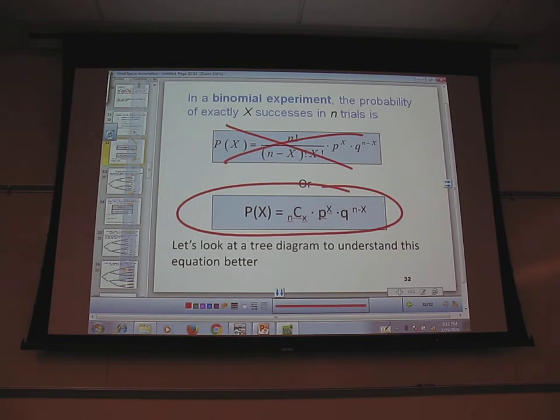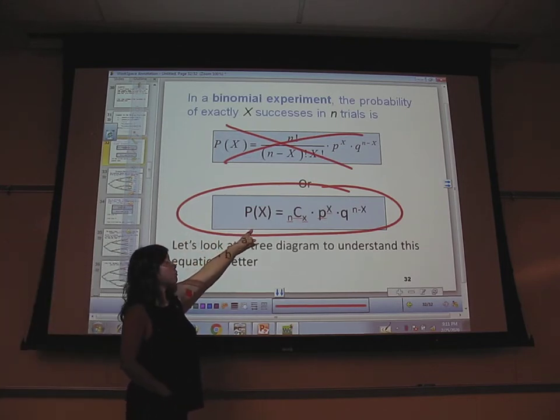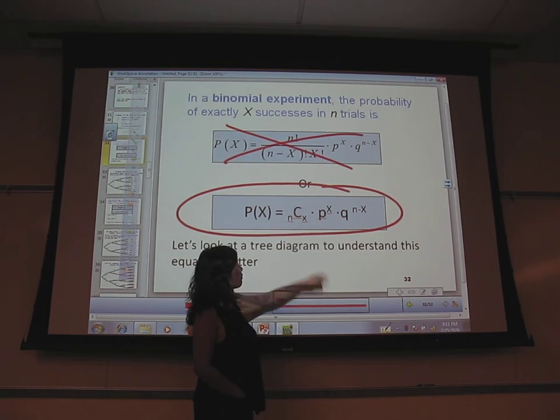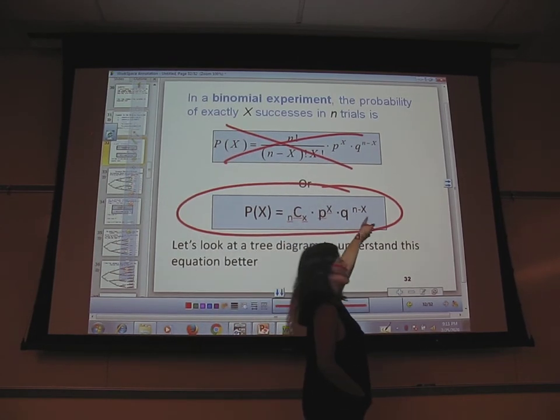The probability of getting exactly X successes in N trials, we call that big P of X, equal to N choose X, remember that from chapter 3, chapter 4, times little p to the X times little q to the N minus X.